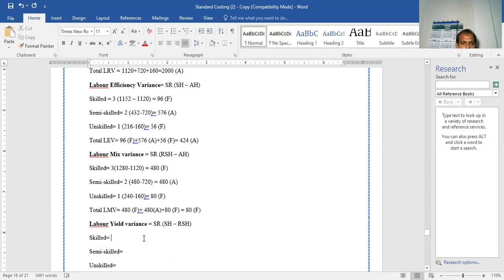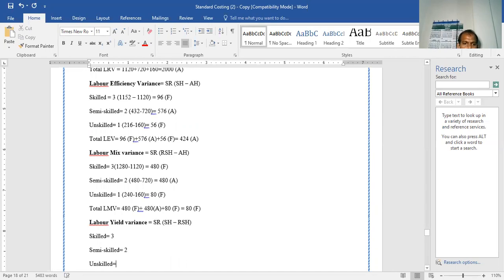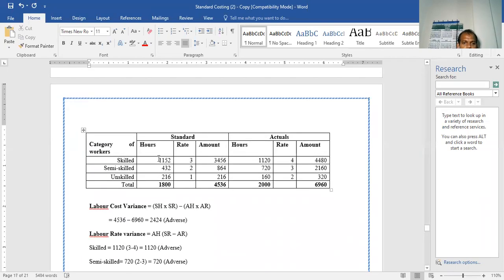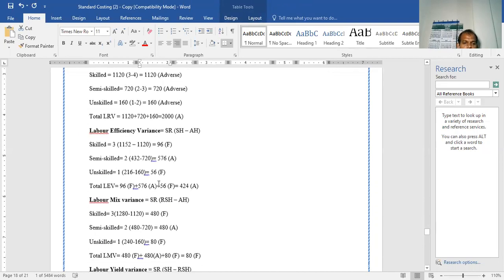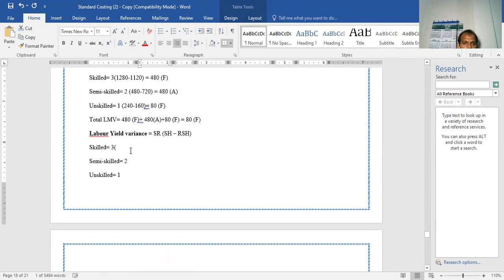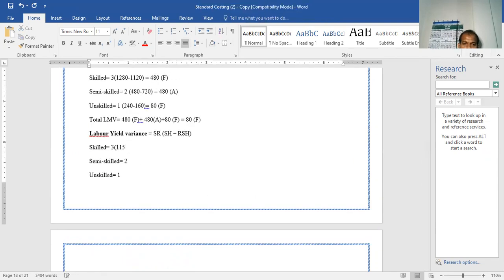Standard rates are 3, 2, and 1. Standard hours, adjusted according to the standard hours produced, are 1152, 432, and 216.